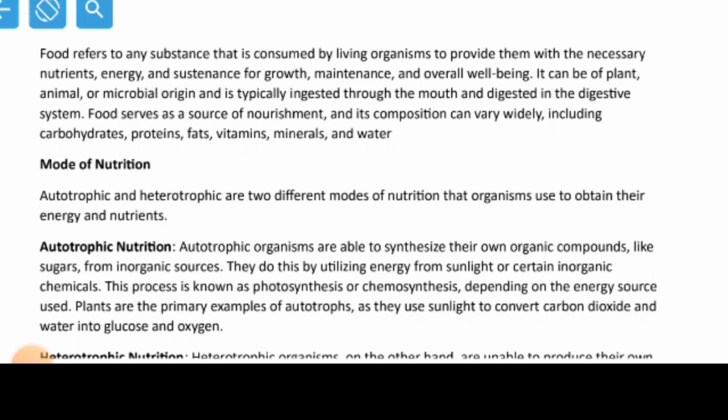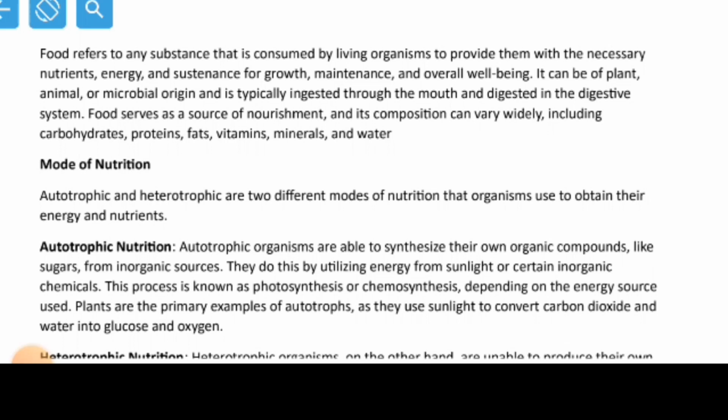Food serves as a source of nourishment, and its composition can vary widely, including carbohydrates, proteins, fats, vitamins, minerals and water. It is the basic source of nourishment, the basic source of energy and the basic source for sustaining life.